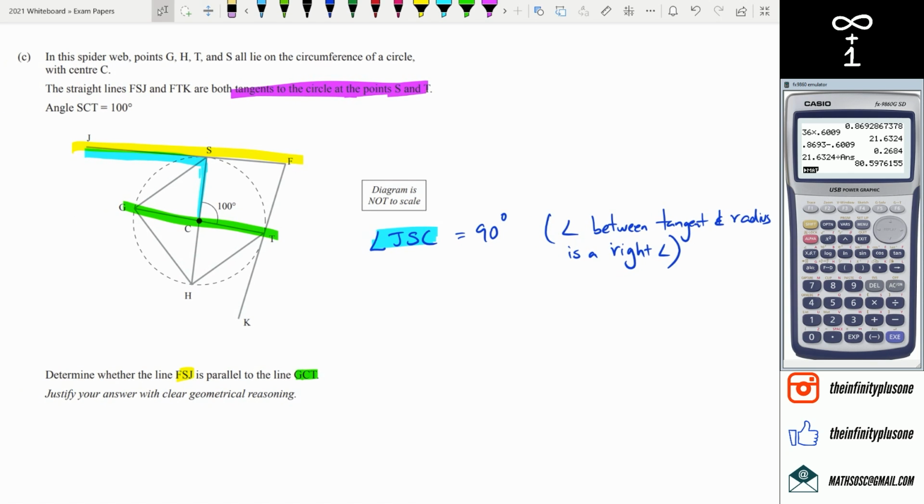Now, if JSC equals 90 degrees, then we can also say that FSC equals 90 degrees because of angles on a straight line. Just to show you where I got that from, let's see what colors I haven't used. I'm looking at FSC, which is that part right there. Because if that blue angle is 90 degrees, the orange angle has to also equal 90 degrees.